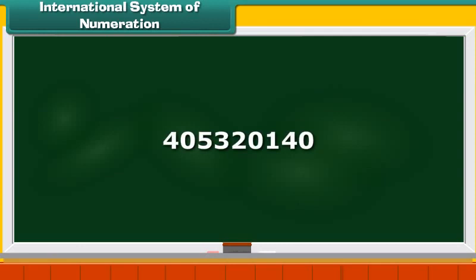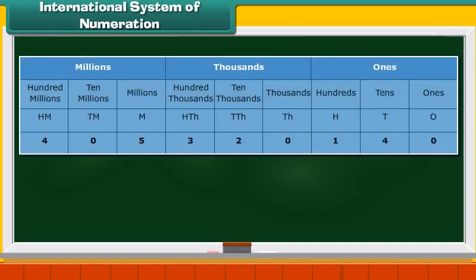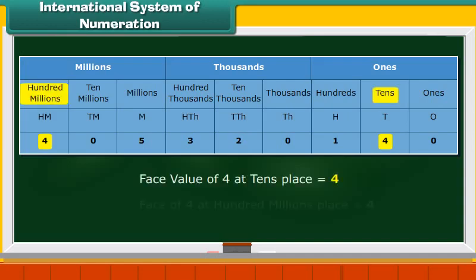Let us now read the numbers with the help of the International Place Value Chart. Consider the number 405320140. First, we arrange it in the place value chart. Digit 4 appears at 2 places, tens and 100 millions. The face value of digit 4 is 4 at both the places.